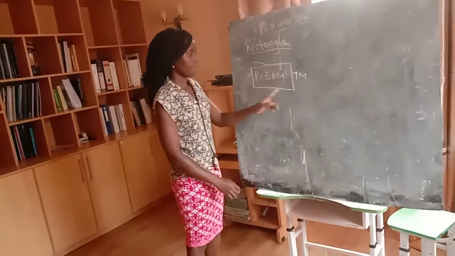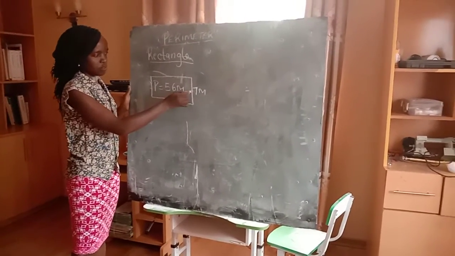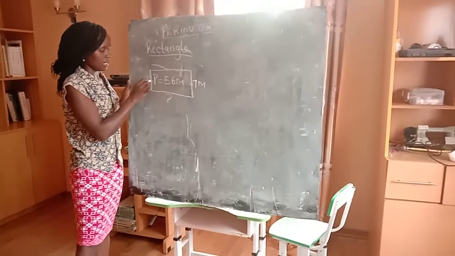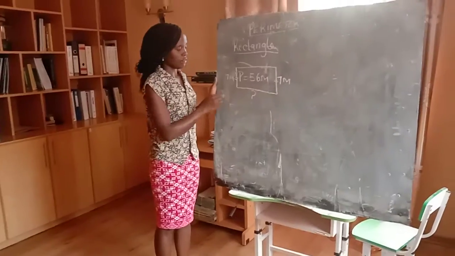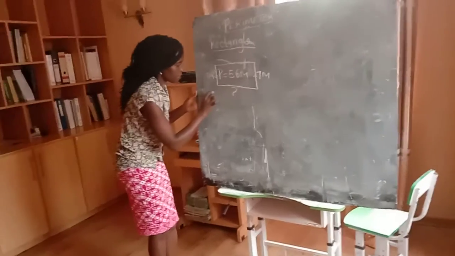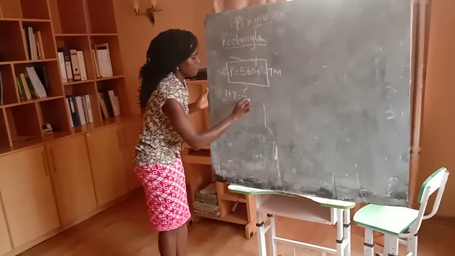To get the length, we take the width, the side that we have been given. At least we know the measure of this side is 7. So if this side is 7, this side here is also 7 meters. If it is 7 meters, we are going to add what we have. We take 7 plus 7, we get 14 meters.